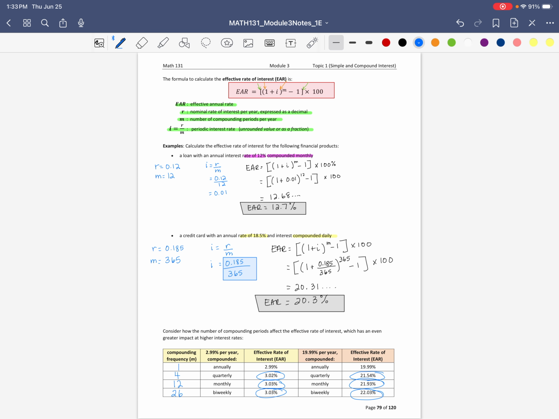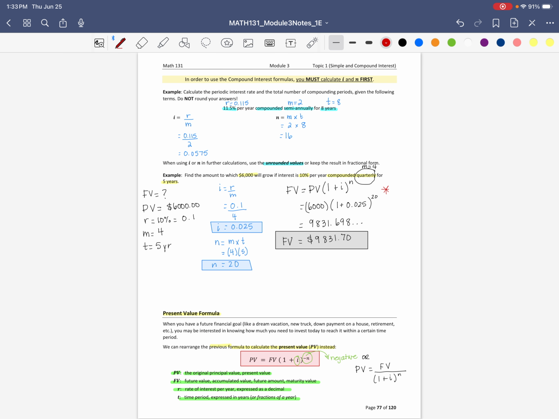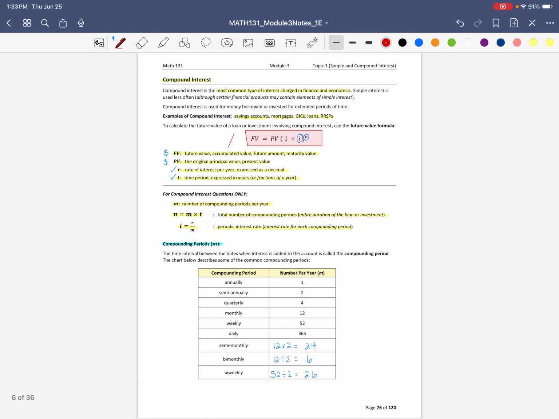So again, remember, we have this effective rate of interest formula right here that we talked about in this video. Going back, we also talked about these two formulas here, where we have the present value formula as well as the future value formula. So those are all part of compound interest.